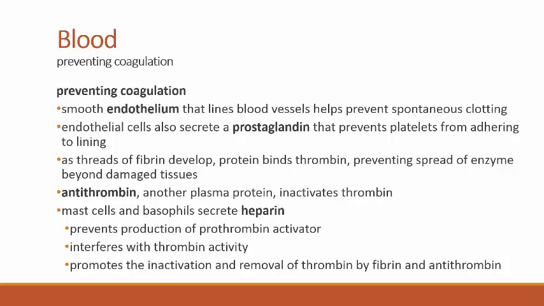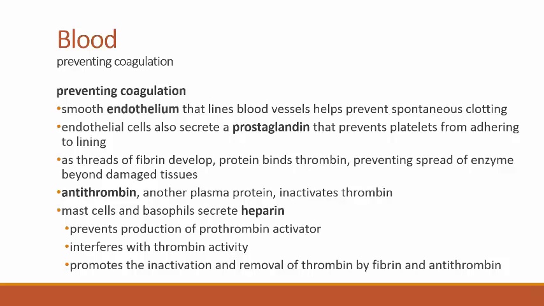And then last of all, mast cells, and if you could recall from back when we were talking, I think, about skin, we talked about mast cells and their ability to release the protein heparin. Basophils, which are a kind of white blood cell, if you remember the white blood cells, they also secrete heparin.